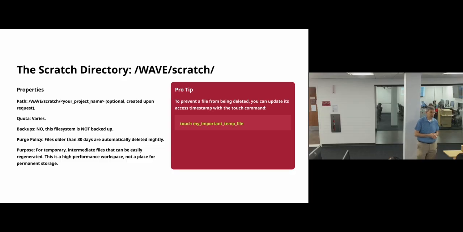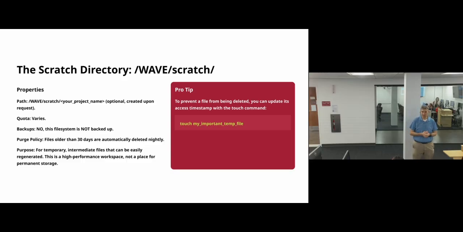However, what it does have is an automatic cleaning policy where any file that's older than 30 days will be cleaned out daily, right? This is a little tricky because, say you download a data set that's 3 terabytes, and it comes in a zip file or tar.gz or something.